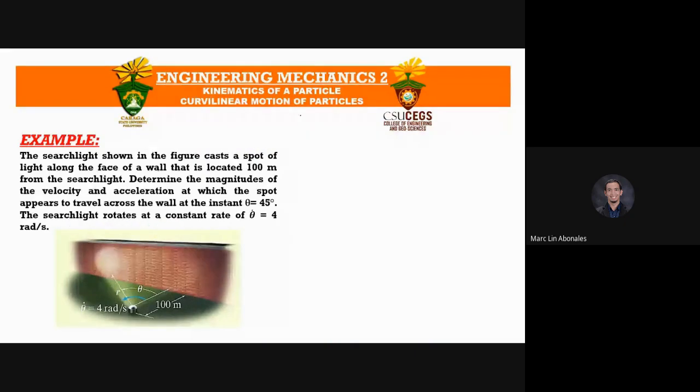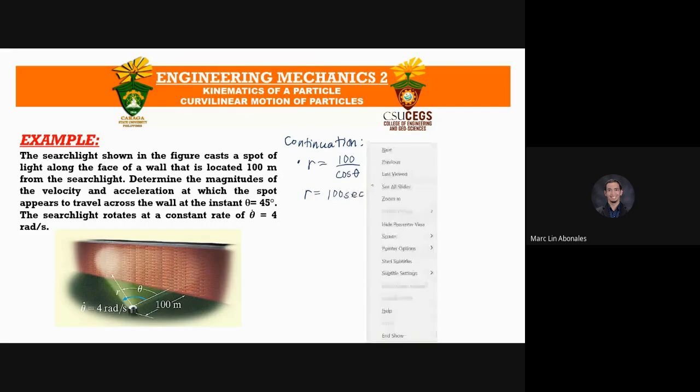So just a continuation, since r is equal to 100 over cosine theta, we can also write that as 100 secant theta. Right, 1 over cosine theta is secant.